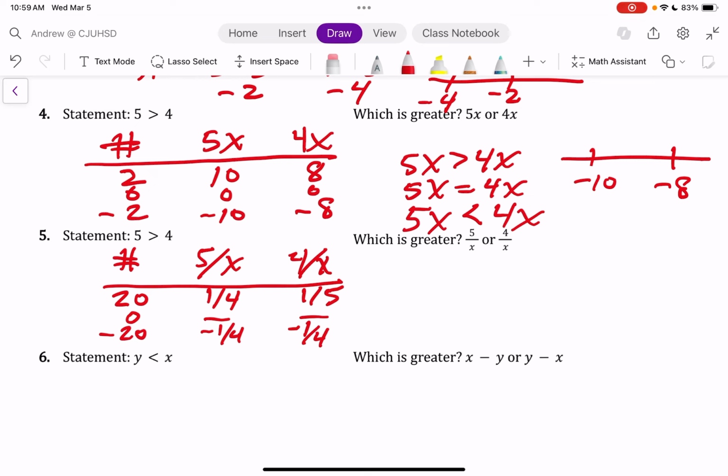So the first one, 1/4 is bigger than 1/5. So 5 over x is greater than 4 over x if you have a positive number. The middle one is undefined. I'm just going to write a u. And for the last one, it reverses.